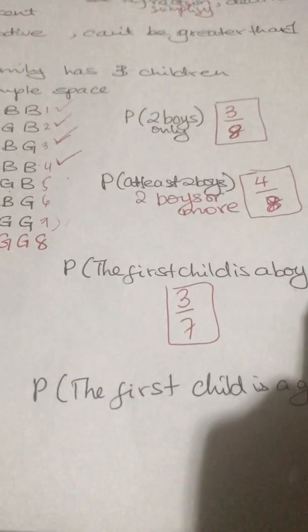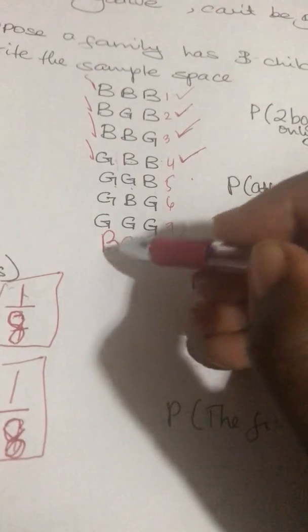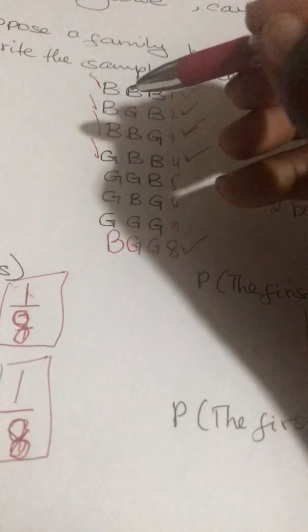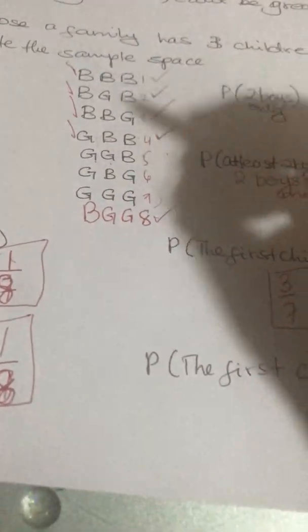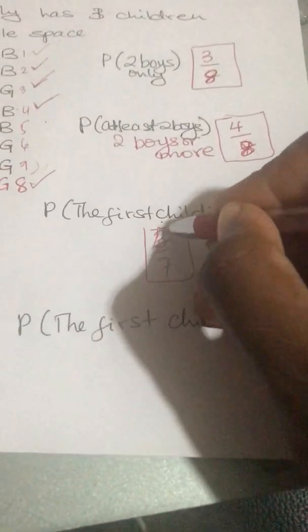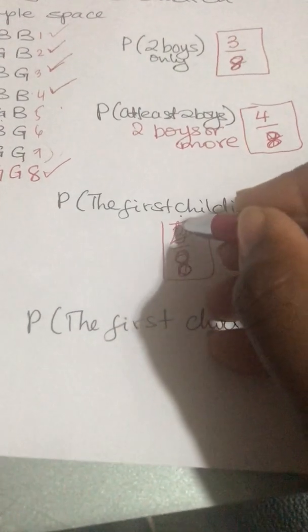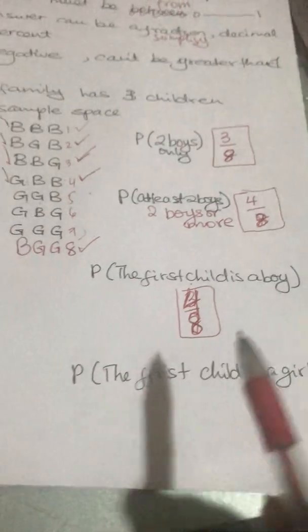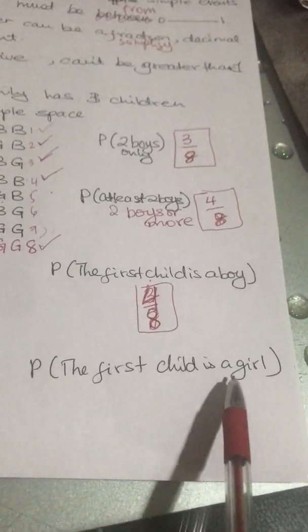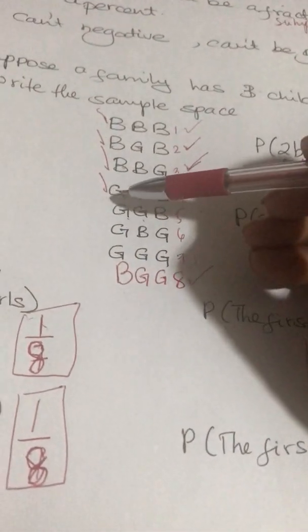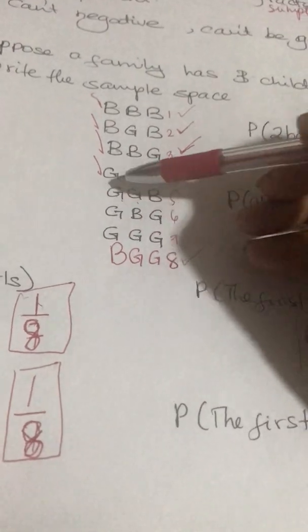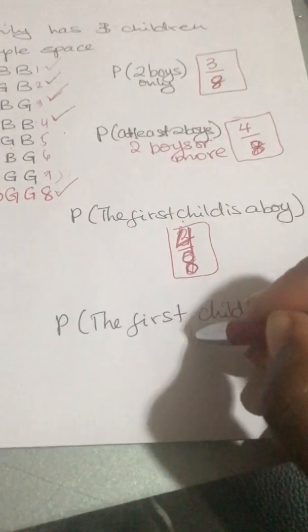And then the first child is a boy. 1, 2, 3, 4. So 4 out of 8. Okay? And then the probability that the first child is a girl, 4 of them. 1, 2, 3, 4. 4 out of 8.